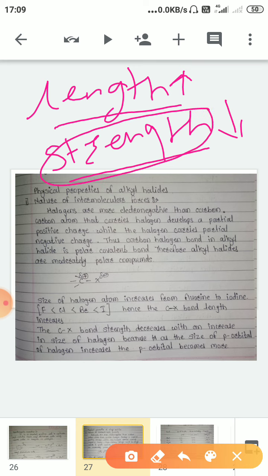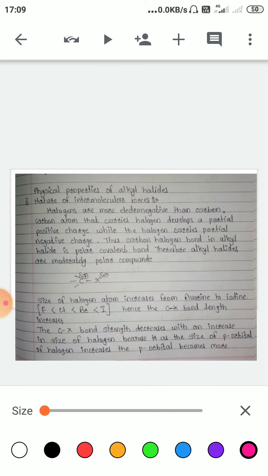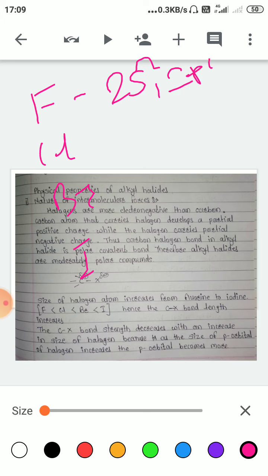Let us again consider fluorine, chlorine, bromine and iodine. The outermost electronic configuration of fluorine is 2s2 2p5.